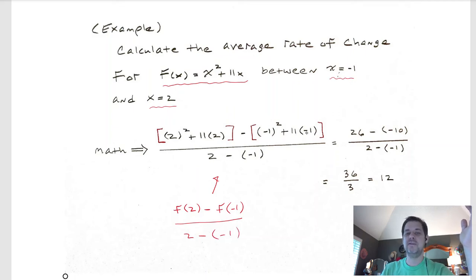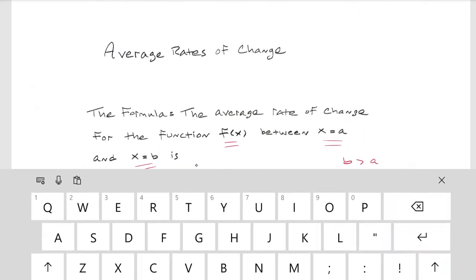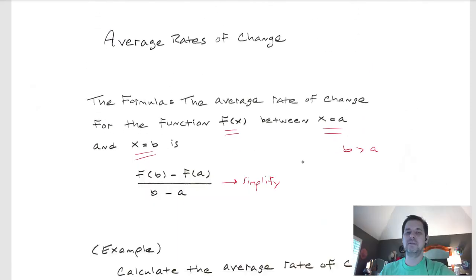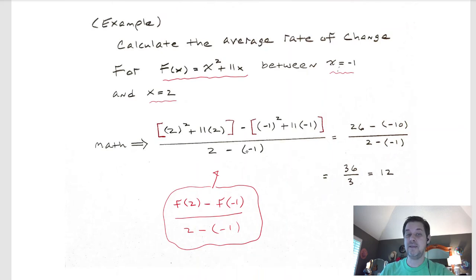So what you see right here is that formula. That's how that formula would be applied in this case. By that formula, I mean this initial one that I gave you. That one right there. So that's what it looks like in this case.